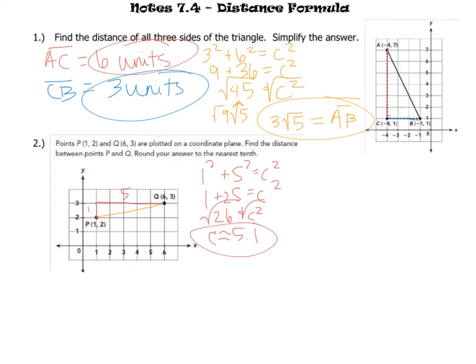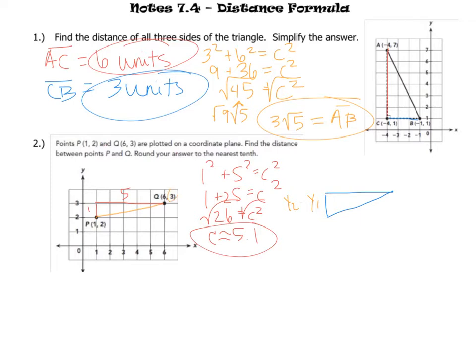But really, what we're looking at, if I were to talk about coordinate points from (1, 2) to (6, 3), I'm just rewriting this triangle over here. This side over here is really y2 minus y1, right? Because it's 3 minus 2.